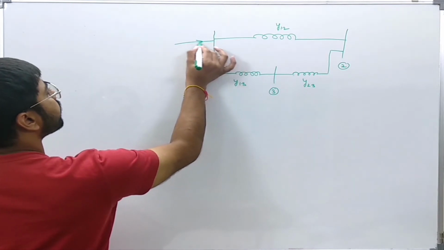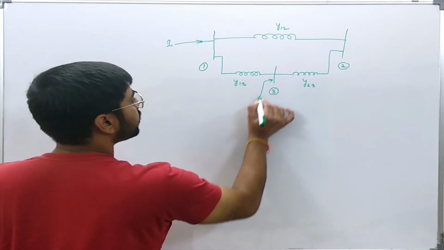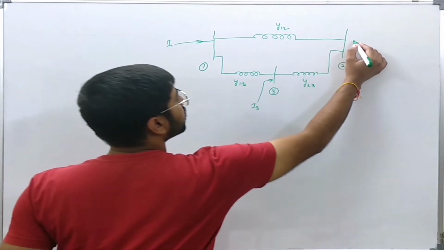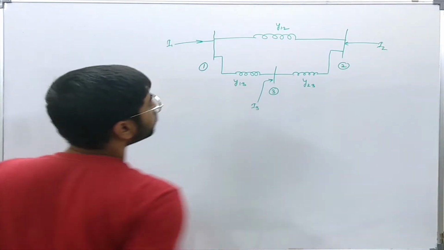Current I1 is entering from node 1, current I3 is entering from node 3 and source current I2 is entering from node 2.